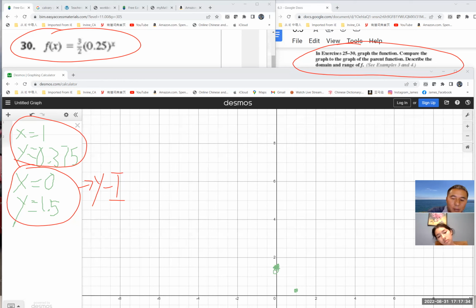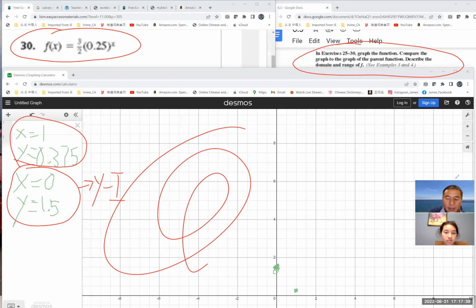No, I mean find one more point in the second quadrant, in this area. Now you just have 2 points, we need one more.